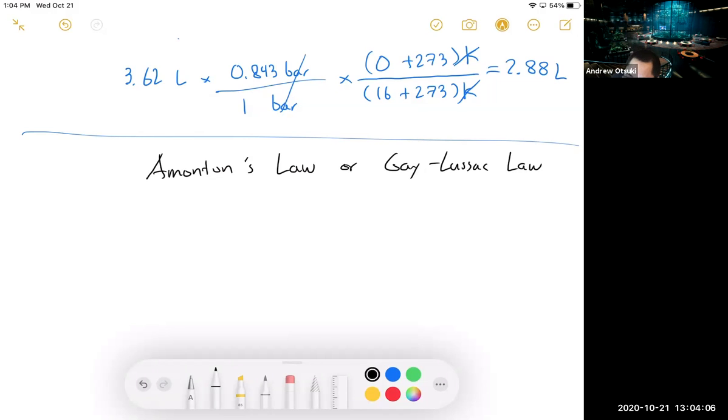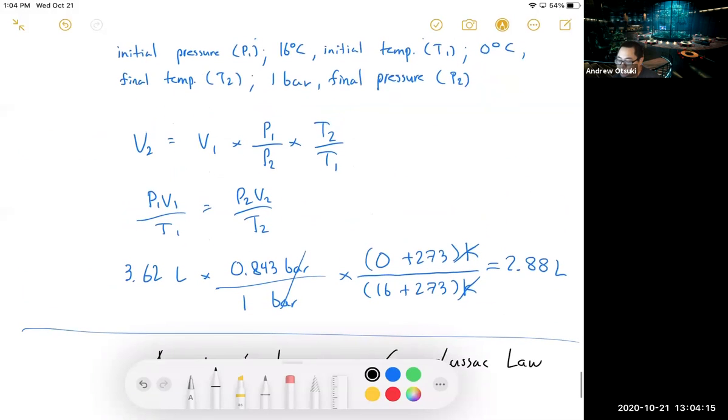But it's rarely talked about because the combined gas law talks about it already. See here, P1 over T1 is proportional to P2 over T2, and that's similar to how we said V1 over T1 equals V2 over T2. So the combined gas law already talks about that proportionality.